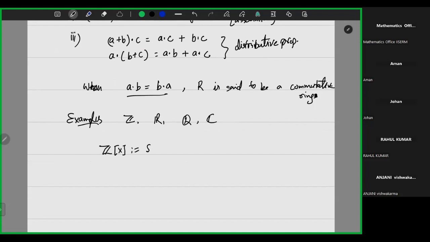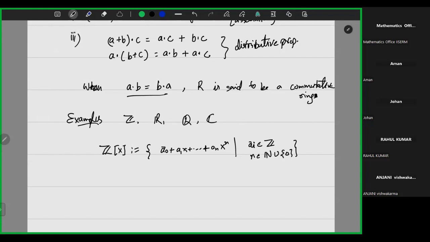Z[x] is just the collection of these formal expressions a0 plus a1x plus up to an x to the power n, where all ai belong to Z, and n belongs to the natural numbers union 0. So these are called polynomials.